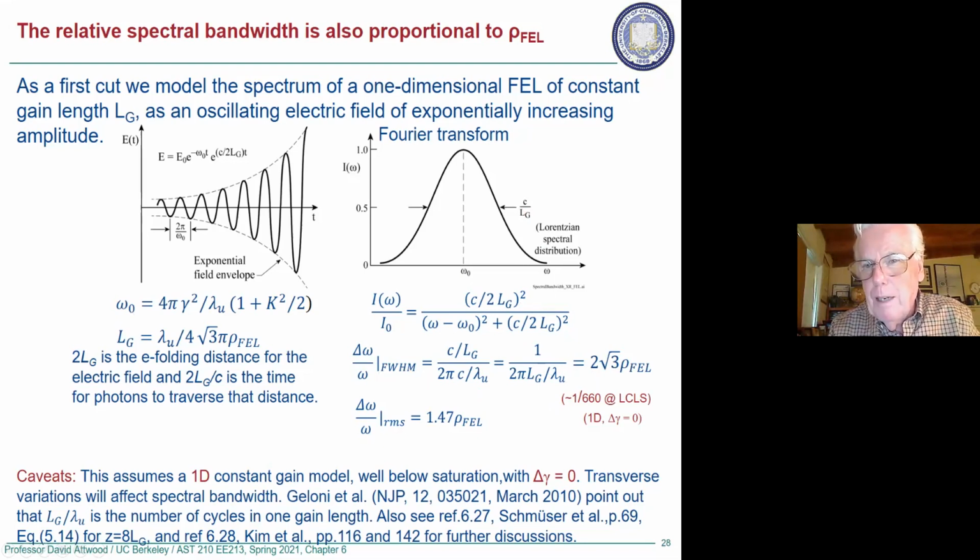So the FEL parameter has popped up again. First it popped up in the gain length, and now it's popped up in the spectral width, and we'll see in a moment that's not the end of it. I like to put things in full width at half max, but if delta omega was an RMS quantity, you would have gotten roughly 1.5 rho FEL.